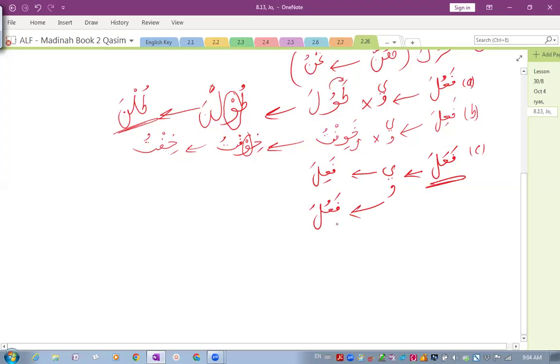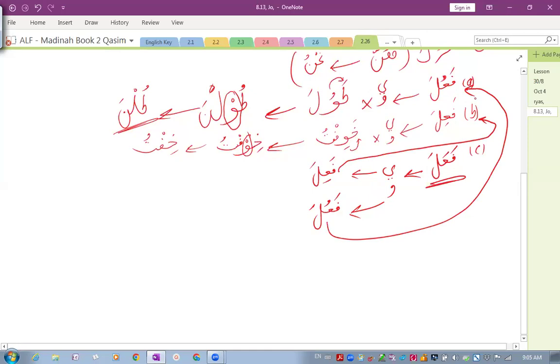If it is wawi, you make it fa'ula. Once you do that, you apply the rules of fa'ila or fa'ula. You bring it over here and apply the same rule.